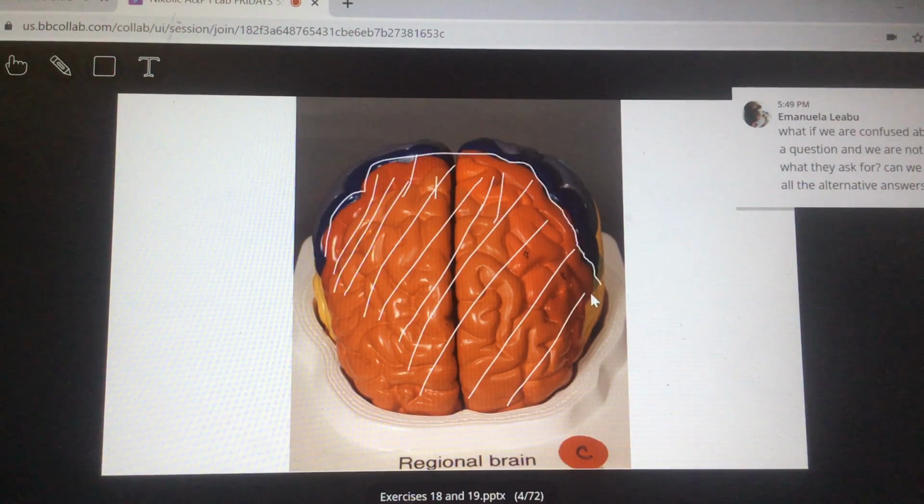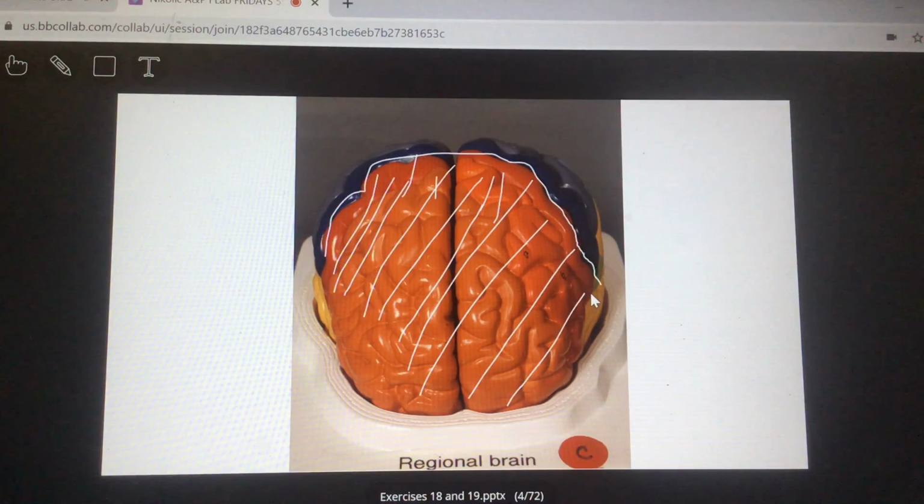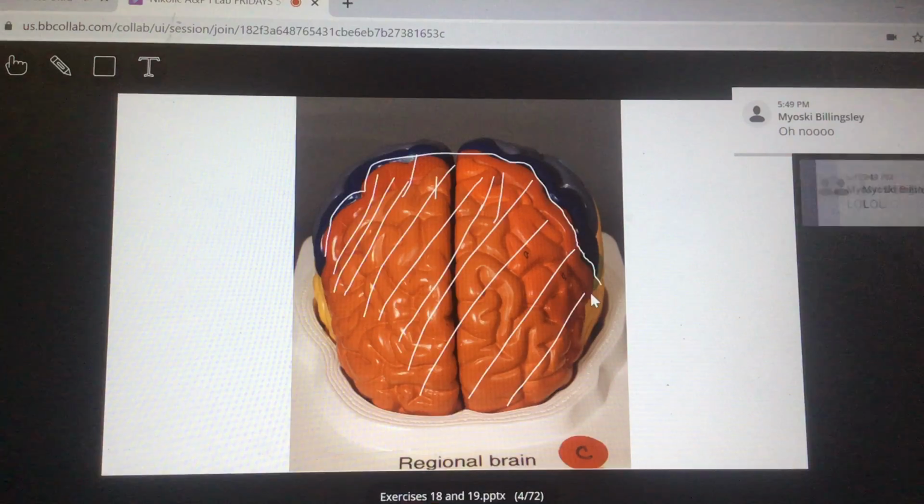So all the way to the center, I guess, is a better way to put it. What if we get confused about a question, we're not sure what they asked for? Can we give all the alternative answers? No, never give all the alternative answers. Never, never, never. If you give me a bunch of answers, I can't give you anything for it. So what you want to do is look at the question. We're quite good at being clear about what we want, so generally it's not an issue. What you want to do is give the best alternative answer, just one.